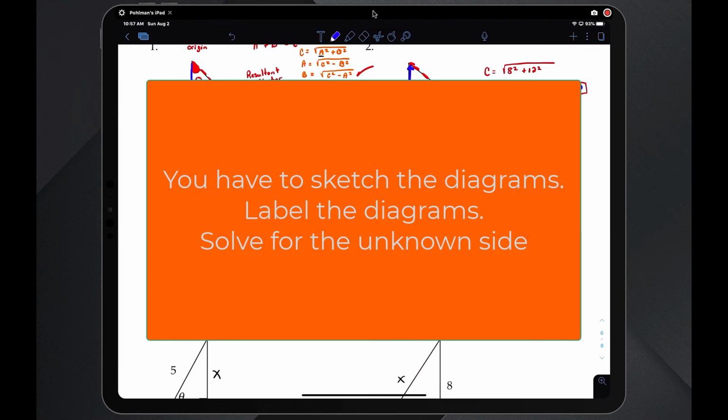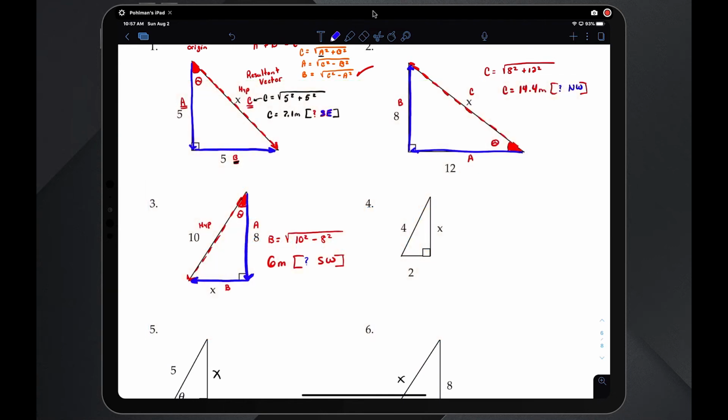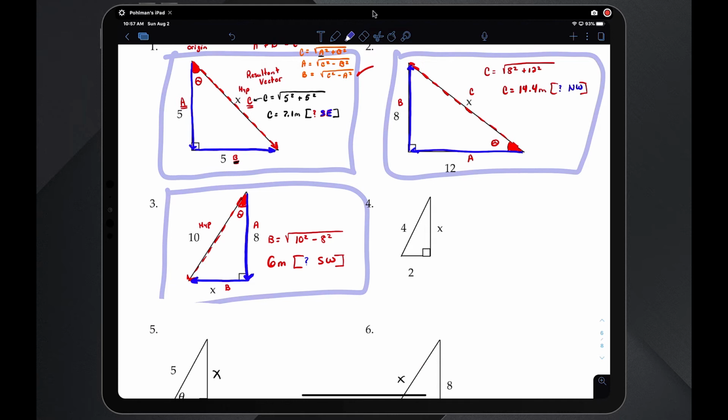You have to show your work, and then we have to provide the answer. All right? So to get full credit, you have to provide every bit of this material right here, or this material, or this material for each of those questions. If you don't feel confident doing it on your own, follow with me for the rest.